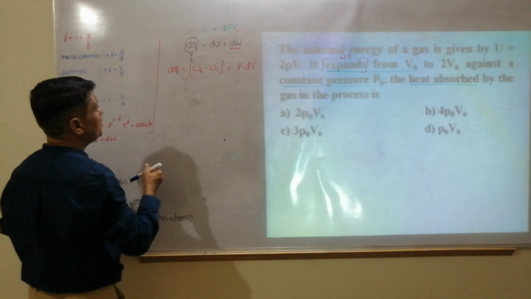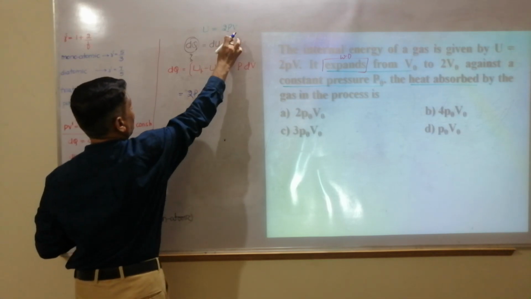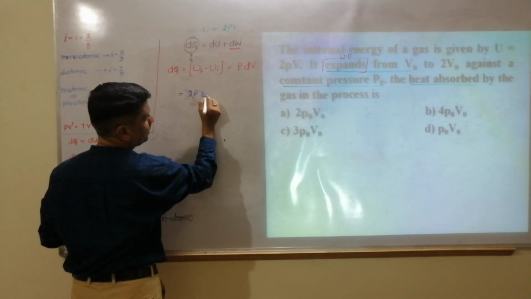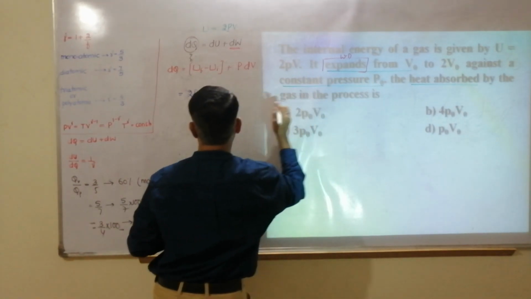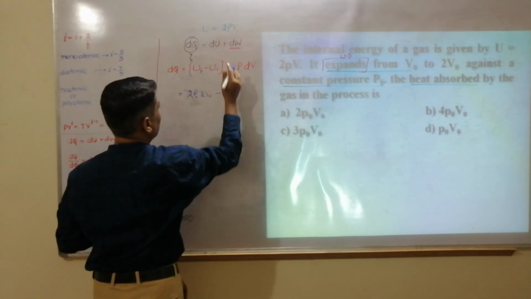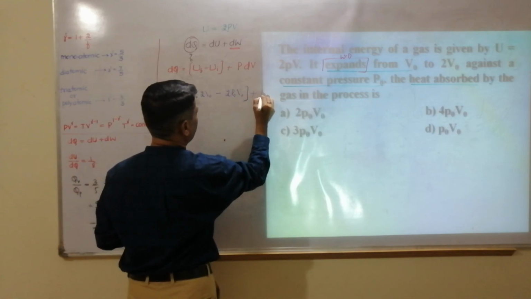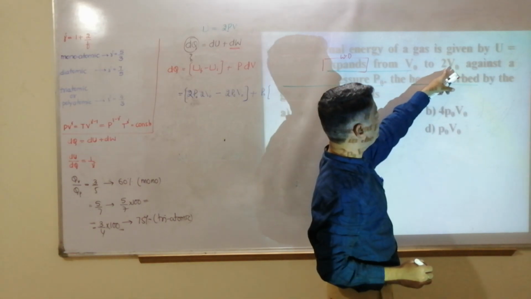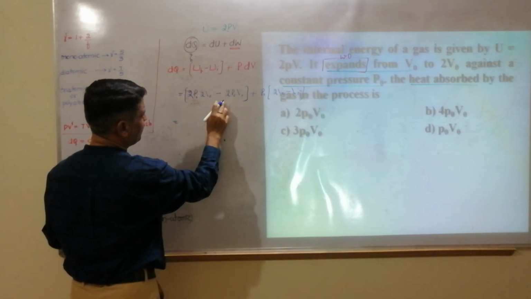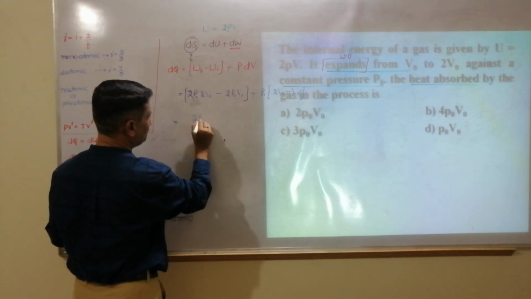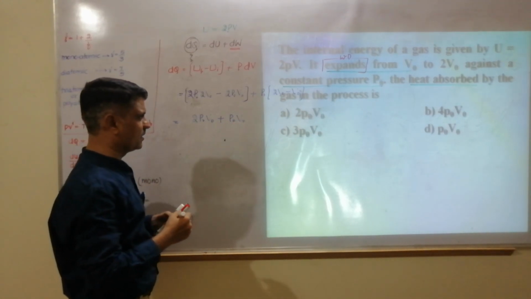See, the final U is 2P0 times the final volume, which is 2V0. Is the initial pressure given? The initial pressure is P0, minus initial 2P0 times volume V0, plus the pressure P0 times the change in volume, V0 to 2V0, final 2V0 minus initial V0. That gives 4P0V0 minus 2P0V0, which is 2P0V0, plus P0V0, total 3P0V0. Simplify yourself.